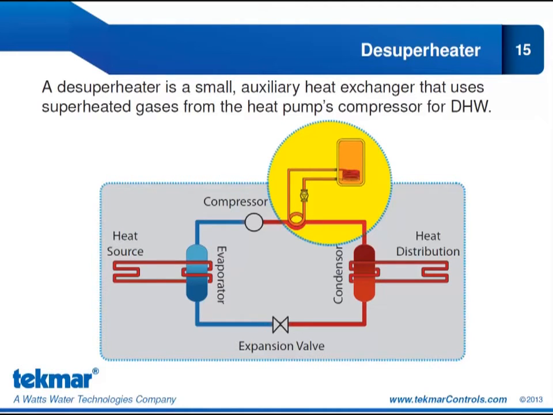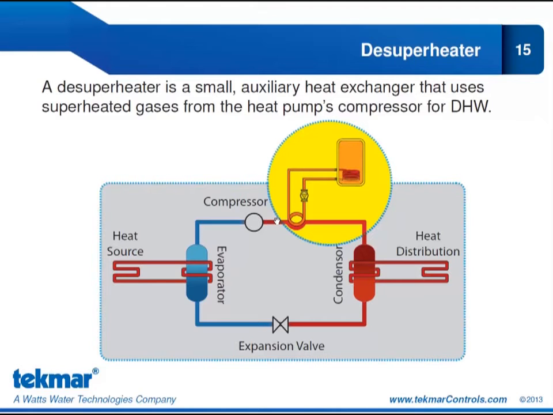A desuperheater is a small auxiliary heat exchanger that uses superheated gases from the heat pump's compressor for domestic hot water operation. And you can see we have an image here. In gray, we have our heat pump cycle. And we can see that coming out of our compressor, that's when our refrigerant vapor is at its hottest.